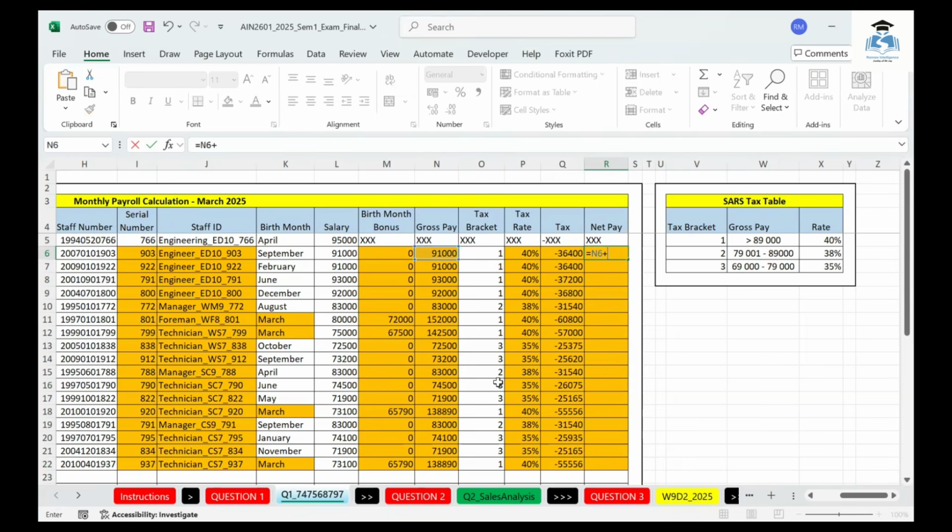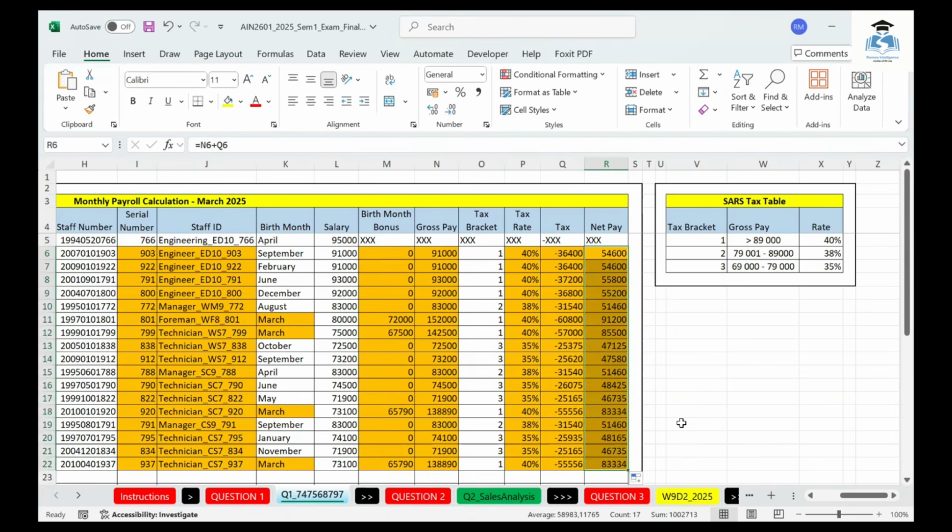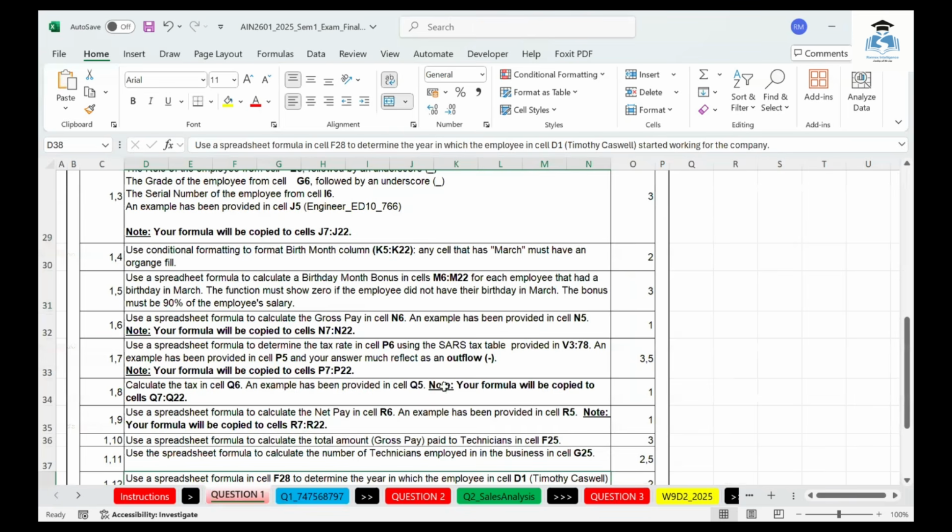Plus that amount, plus Q6. So please be careful of those signs. Okay, I think we are done here.